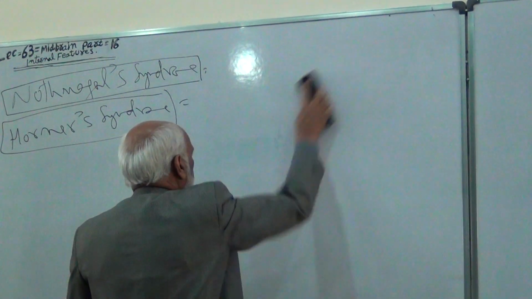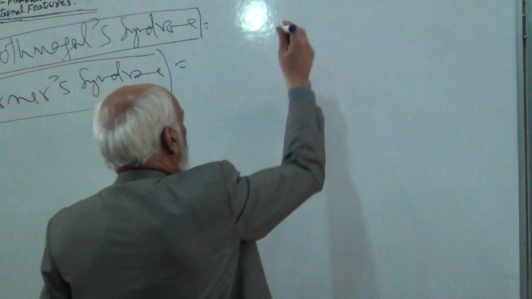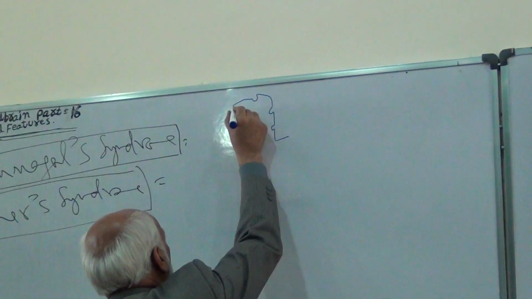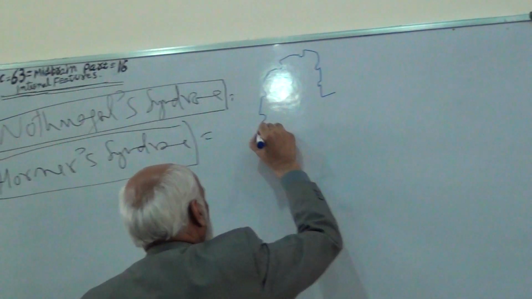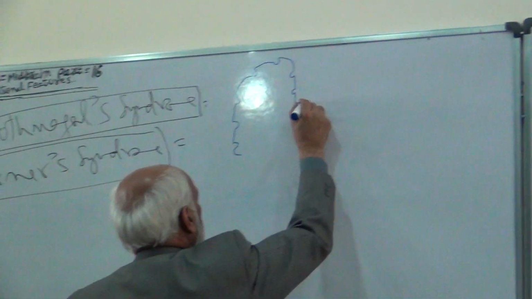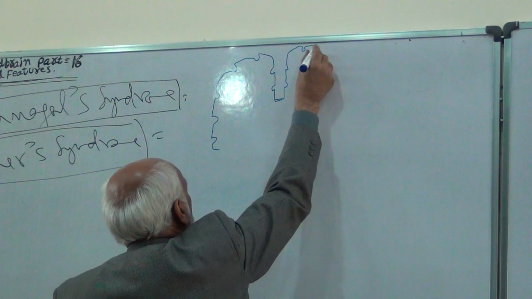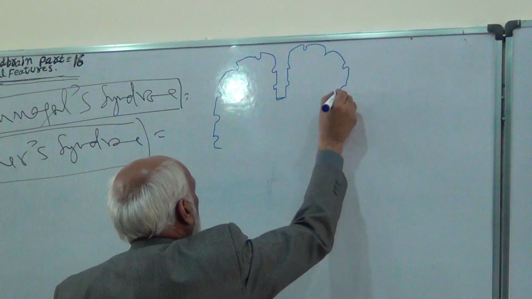Draw front view. This is, for example, a section through the right cerebral hemisphere and a section through the left cerebral hemisphere.